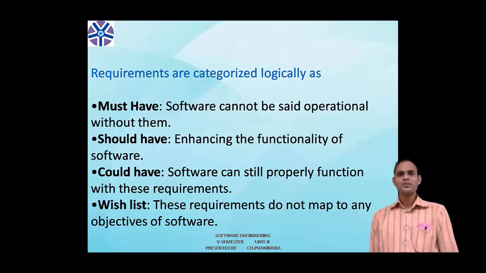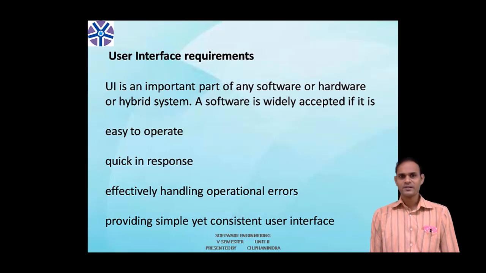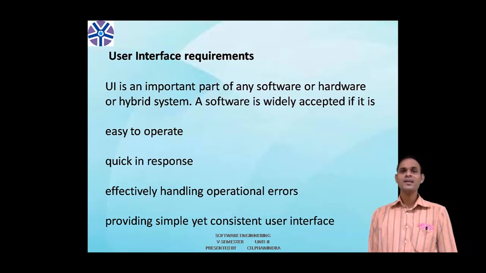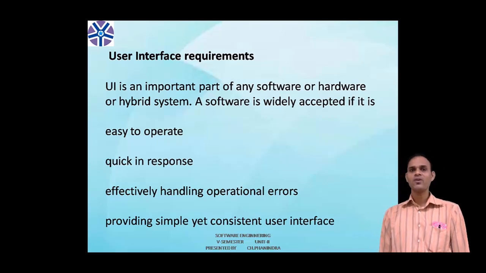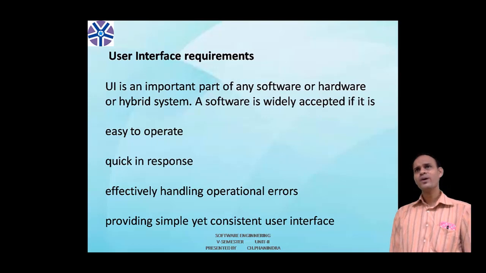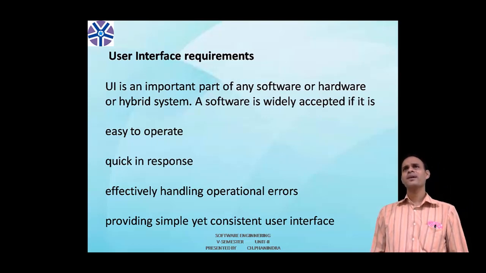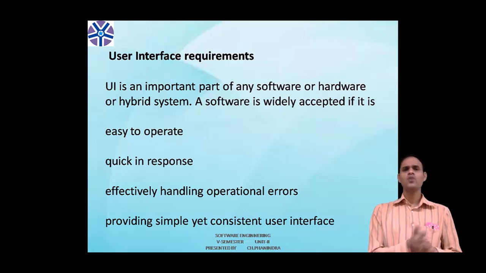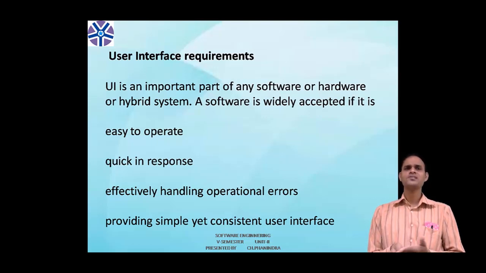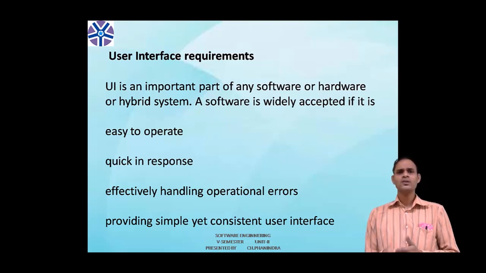Next, the user interface requirement. UI means user interface. UI is an important part of any software or hardware system. Why? Because based on the UI we can easily identify how it moves and how it is processed.